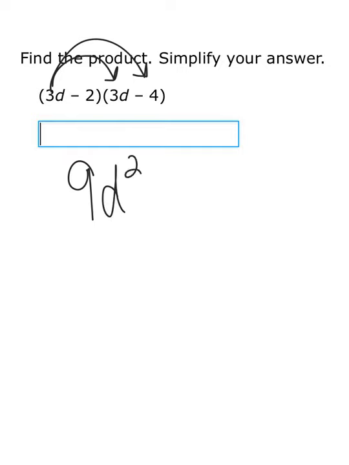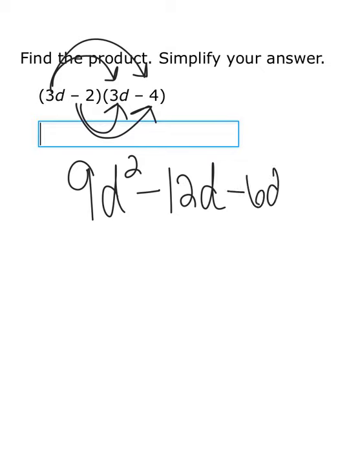Then 3d times negative 4 would be negative 12d. Moving on to the next term, I would distribute the negative 2 to each number in the second parenthesis. So negative 2 times 3d is negative 6d. And then negative 2 times negative 4 is positive 8.